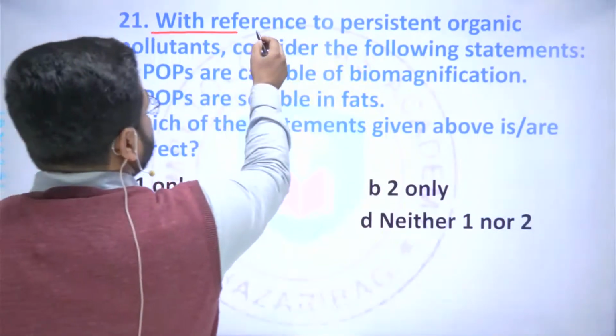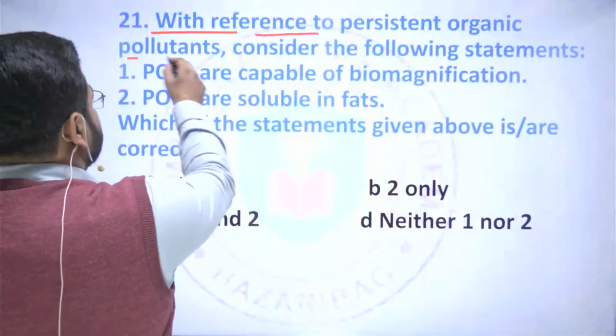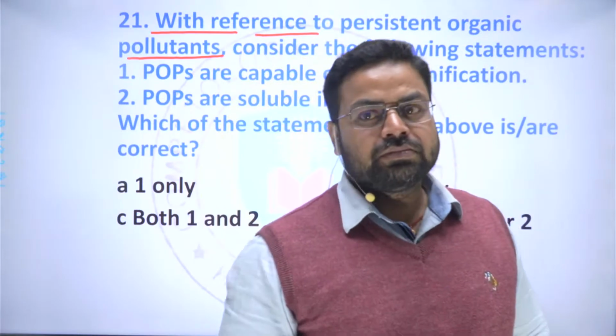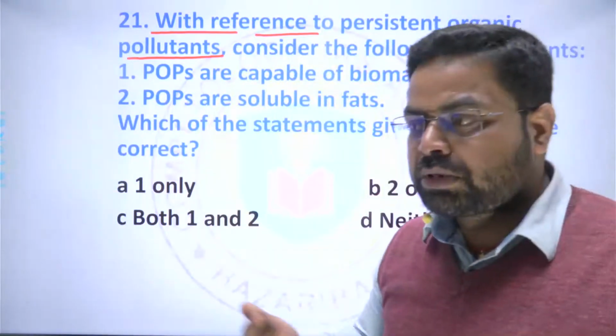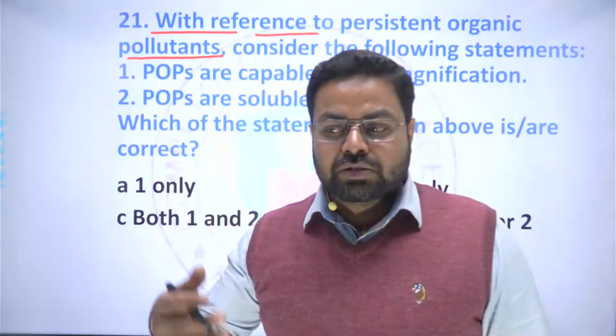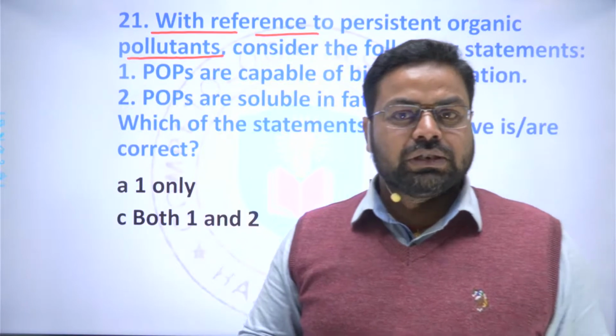Next question is with reference to persistent organic pollutants, POPs. Time and again it is in news because it has caused too much biodiversity loss. It has caused various types of diseases to humankind also, right?